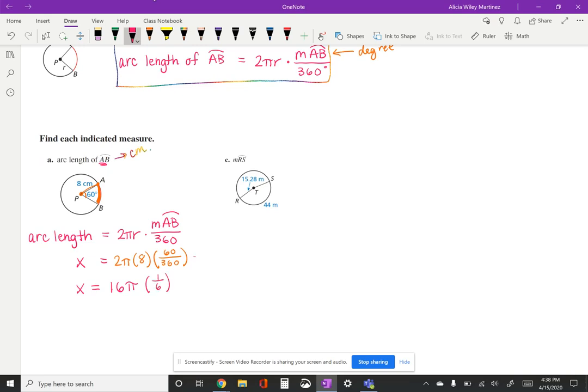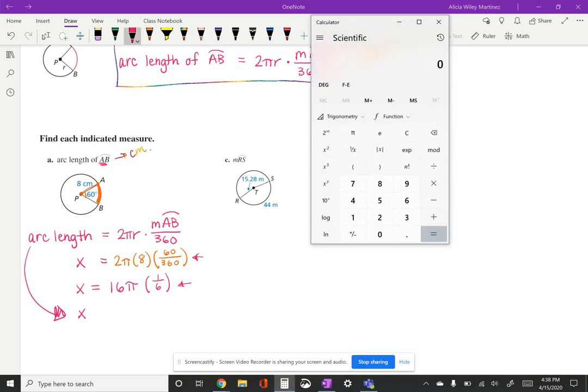So you could punch all of this right into the calculator, or you can simplify it a little bit and then punch it into the calculator. Does not really matter because we are going to write our answer as just a decimal value. So this value of x, which you remember is our arc length, putting this into the calculator, I have pi times 16 times 1/6, or maybe you did 60 over 360, right?